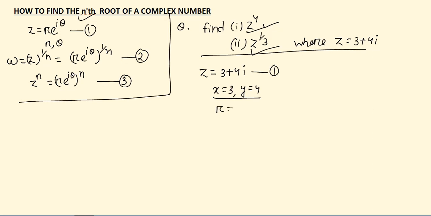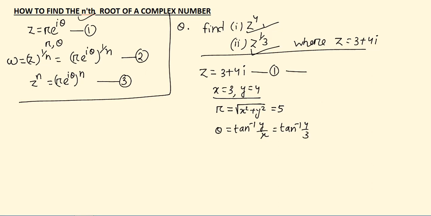So according to formula, we can write r equal to square root of x square plus y square. So the value will be 5, and theta equal to tan inverse y upon x. So this will be tan inverse 4 upon 3.